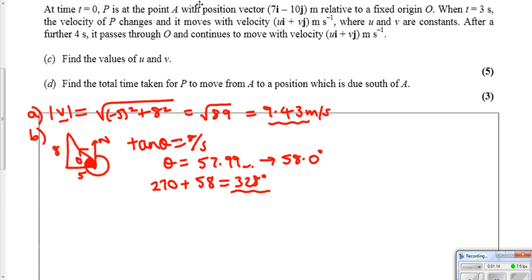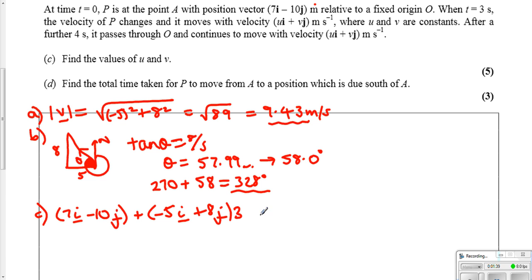For part C, we've got to look at the different phases of the motion of this object. So the particle starts with a position vector 7i minus 10j. And we know from the first part of the question it's going at minus 5i plus 8j, and it does that for 3 seconds.